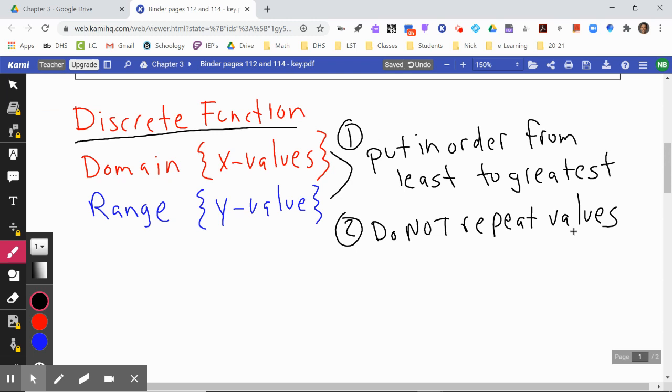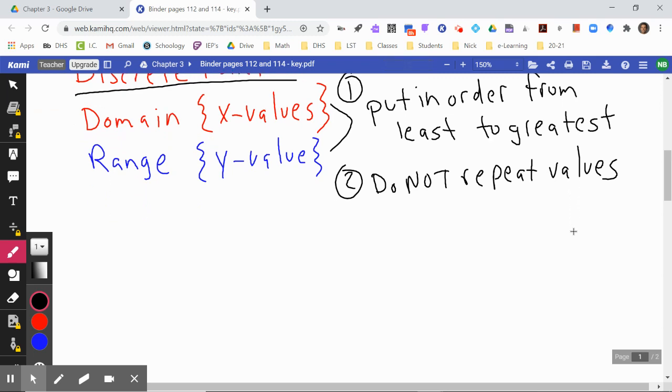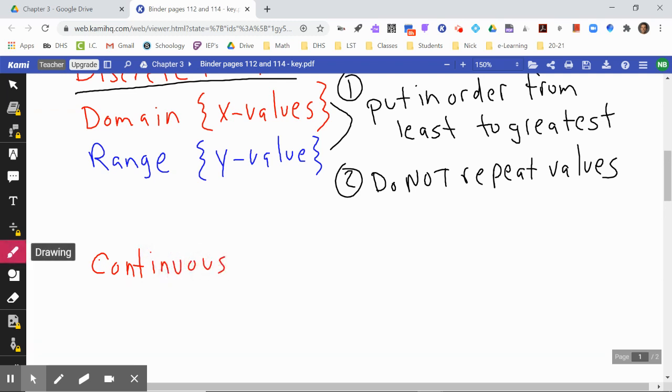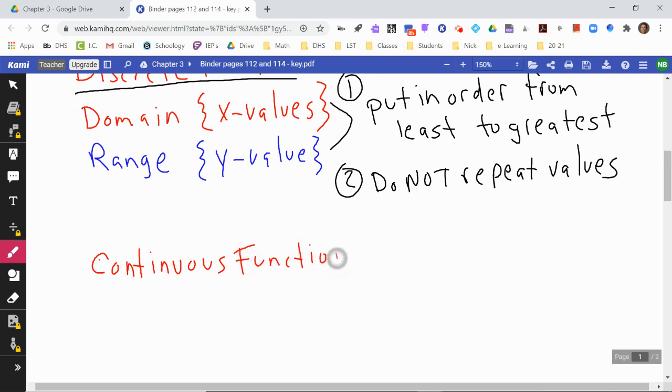And then the other type of function we're going to be dealing with is our continuous function. Remember, these are the connected ones, our connected graphs. We can connect all the points there with a single stroke of our pen.